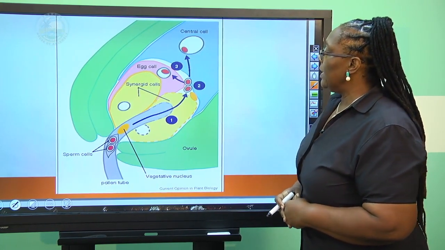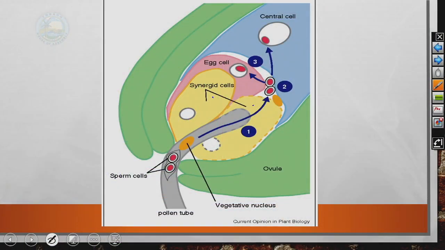Here we're seeing it again. So here you can see the 2 sperm cells, and you have the germ tube cell that is ahead. The nucleus is here. The purpose of this one was simply to form this tube. It was directing the formation of the tube.